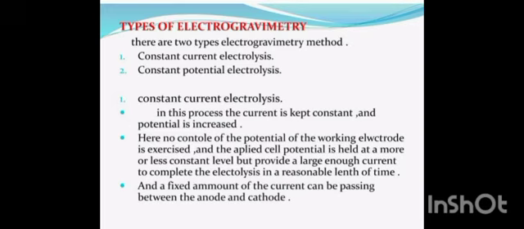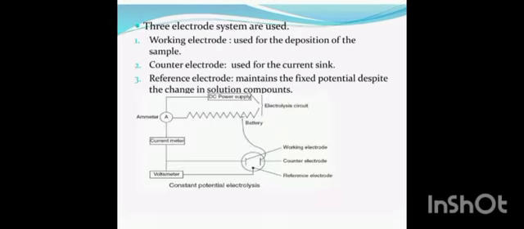In constant current electrolysis, the current is kept constant and the potential is increased. Here, no control of the potential of the working electrode is exercised, and the applied cell potential is held at a more or less constant level, but provides a large enough current to complete the electrolysis in a reasonable length of time, and a fixed amount of current can pass between the electrodes.